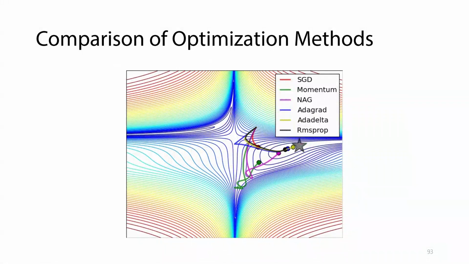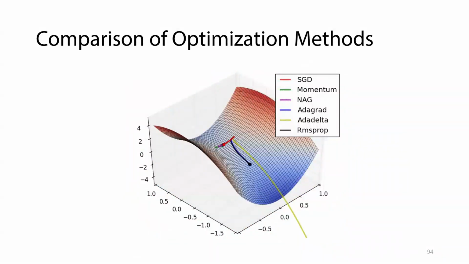Here's another interesting scenario where we have an optimal solution over here. We all started from there, and the momentum methods, green and purple, initially overshoot, and then go back down like this. Here's a Pringles chip, so we have the saddle point. In the case of SGD, on top of the saddle point, we have a gradient of 0, so SGD doesn't converge anywhere.